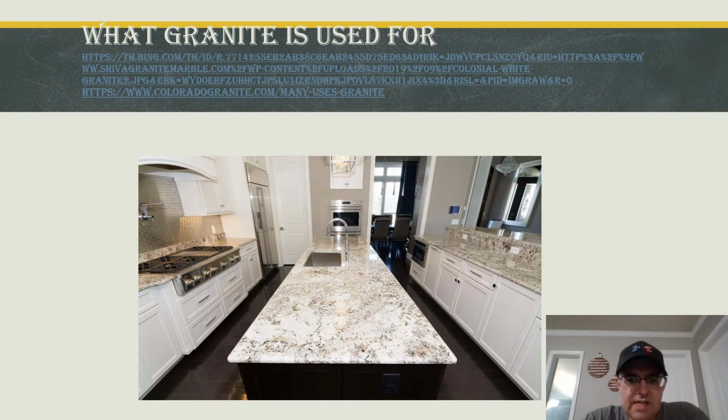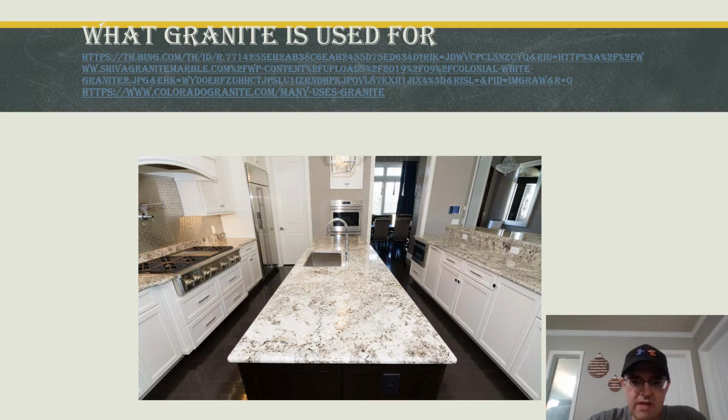So what granite is actually used for primarily, they have a lot of different uses that I found out through this research. The picture right there is a granite countertop, and I got the picture from the link above. And there's another link in there that you can click on, and it has what they do with granite. But granite is mainly used for home uses. I found out it's about 90% of what they actually use it for.